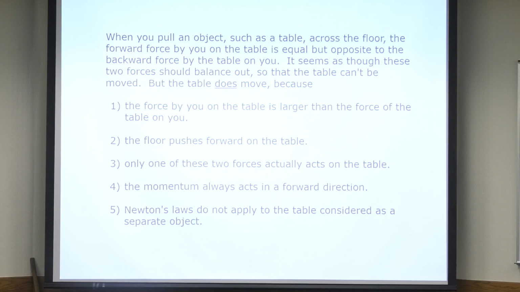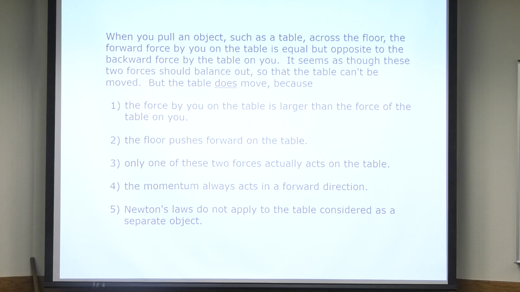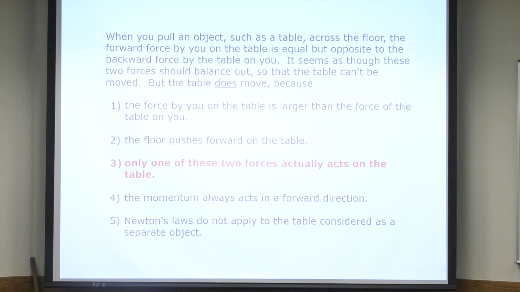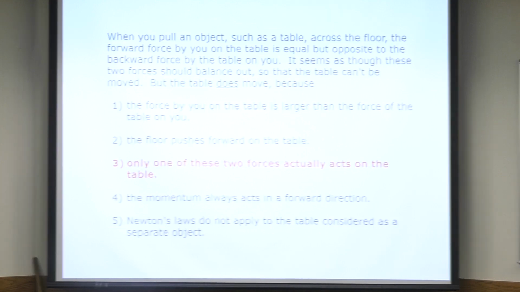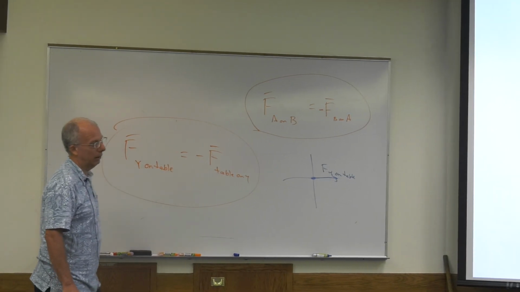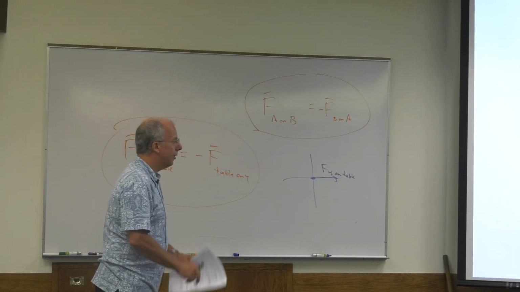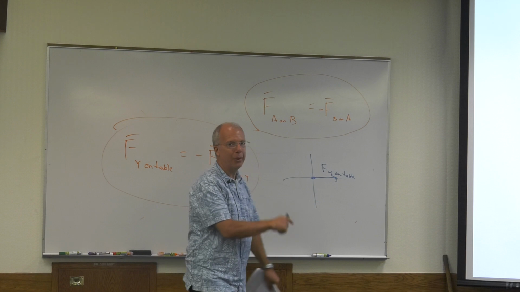You aren't the object. The object is the table. This is true here, but the force table on you has nothing to do with the motion of the table. This would have to do with the motion of you, which we're not talking about. We're talking about the table, okay? So only one of these forces acts on the table. This one. See how they try to trick you with the wording of that one?